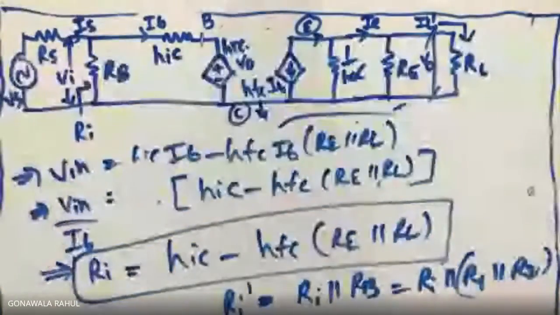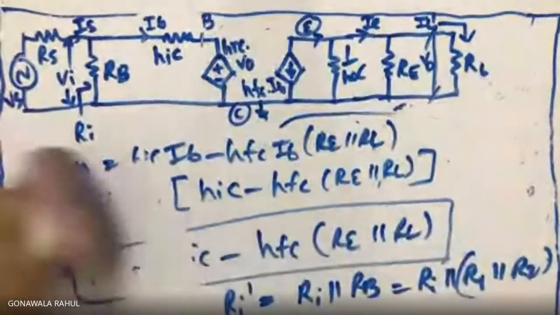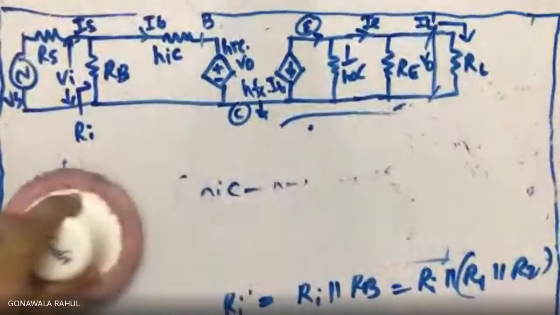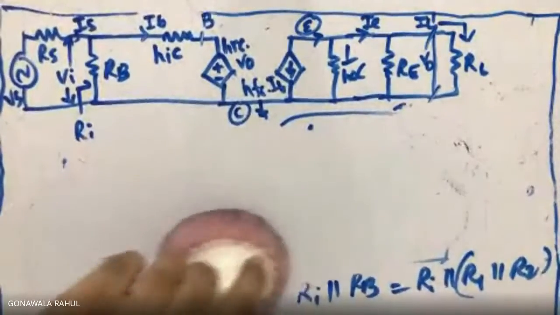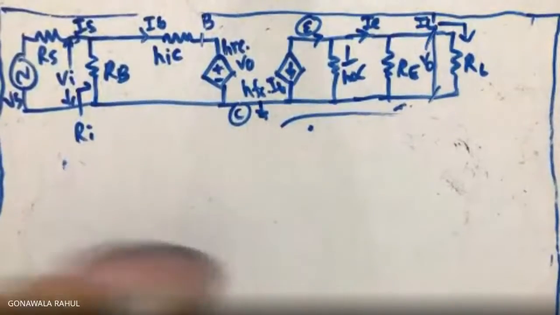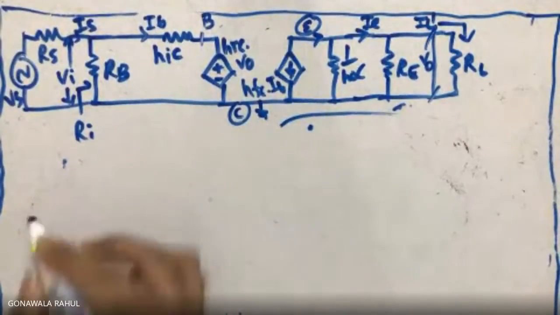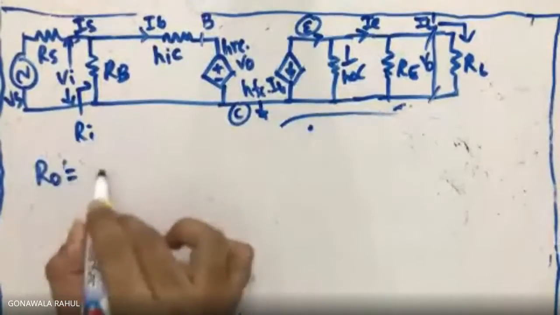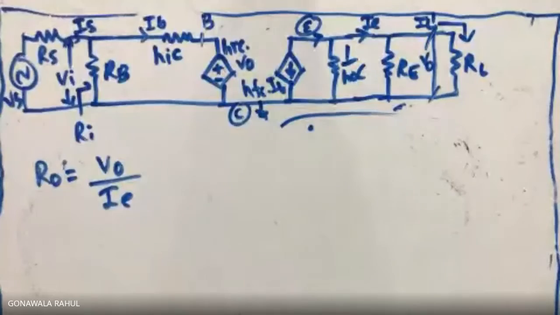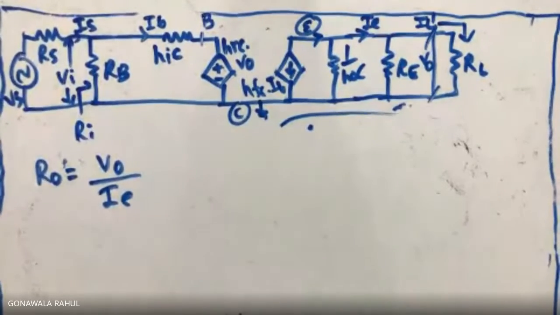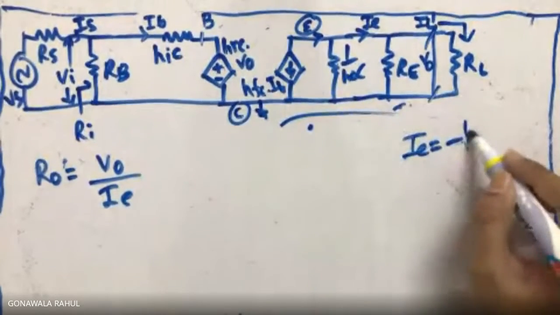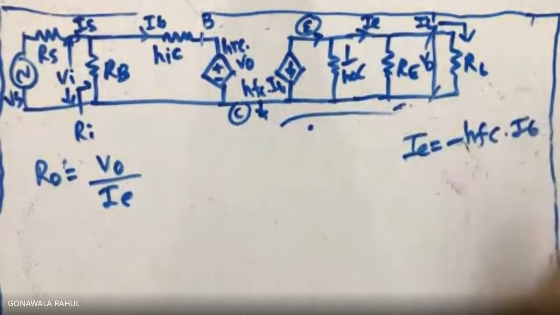Now our next parameter to be derived is output impedance. Output impedance RO is nothing but Vout by the output current, that is IE. As we know, IE is equal to minus HFC into IB.